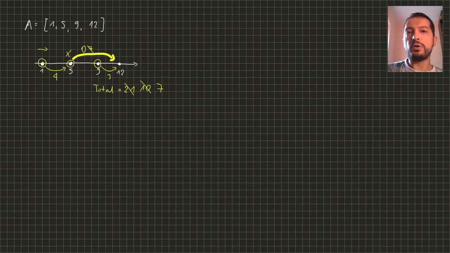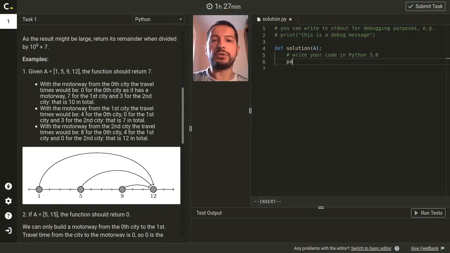Since we are iterating over all n cities when choosing a motorway, and then for every choice when calculating the cost, the total time complexity of the solution is n squared. So let's move to the implementation.